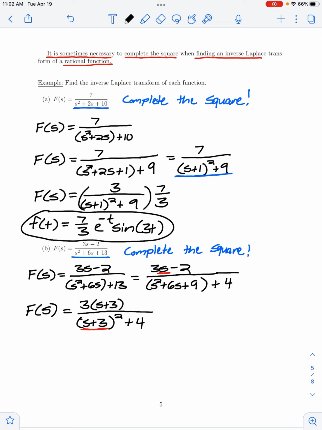And since I multiplied by a factor of 3 out in front, I have altogether 3s plus 9. So I've added 9 in the numerator, which means that I also need to subtract 9 to keep this function the same. So I have my minus 2 and then an additional minus 9. So this gives me 3 times s plus 3 minus 11 over s plus 3 squared plus 4, or 2 squared.